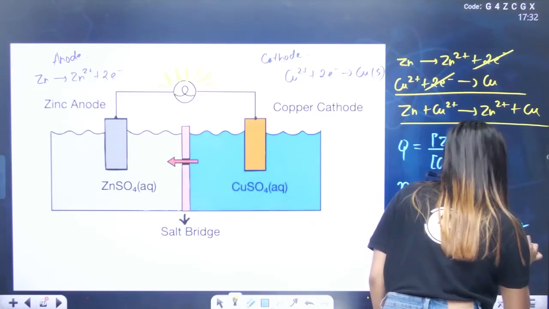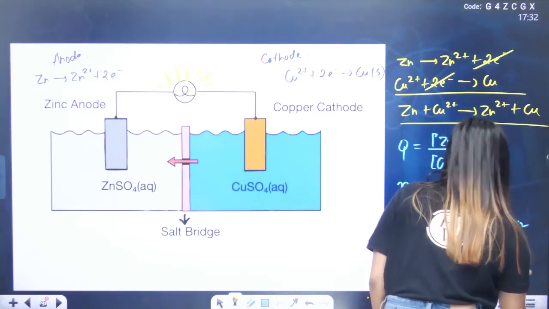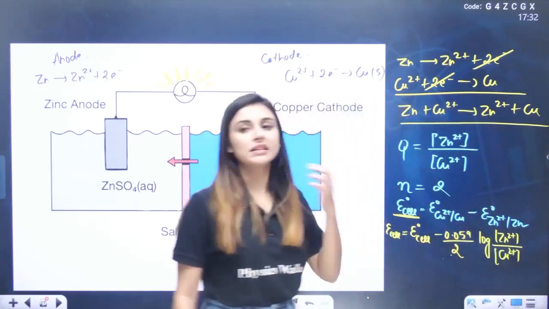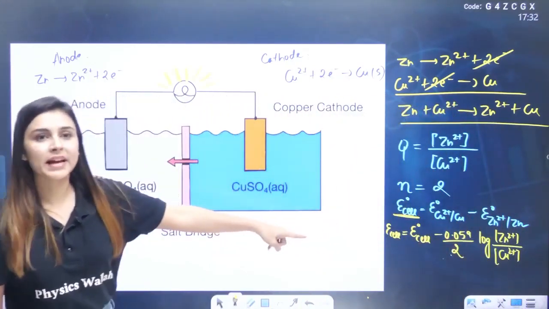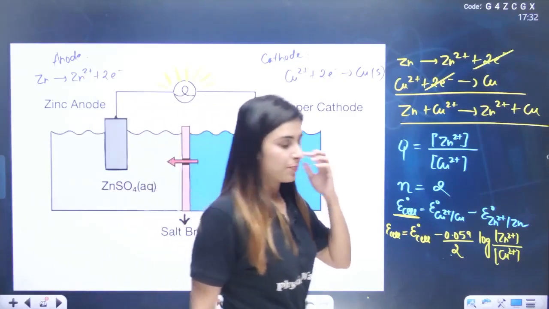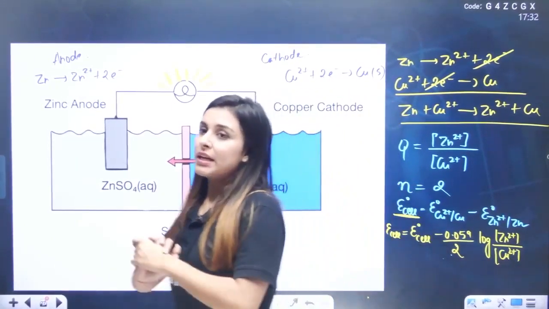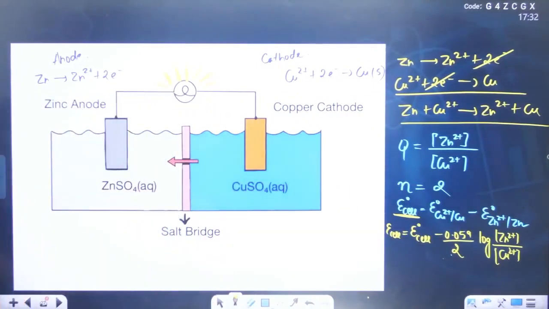Zinc 2 plus, and here it will be copper 2 plus concentration. So this is how you will be calculating the Nernst equation, the EMF of the cell, right? Yes, perfect. If you want to write it, pause the video, write it, and then we'll move forward.